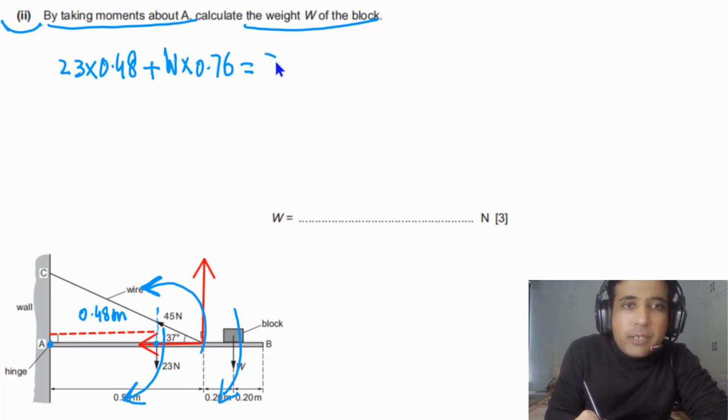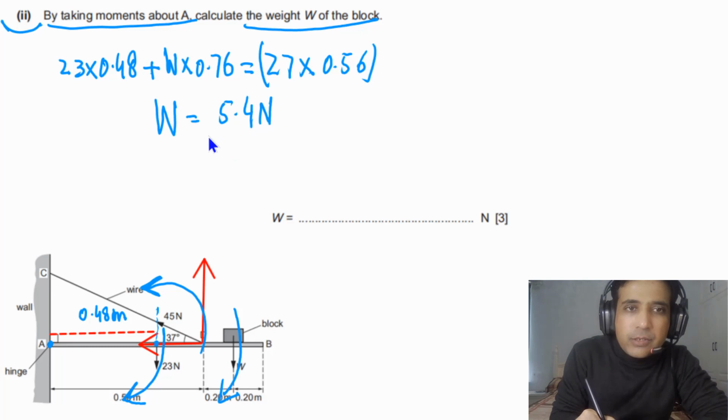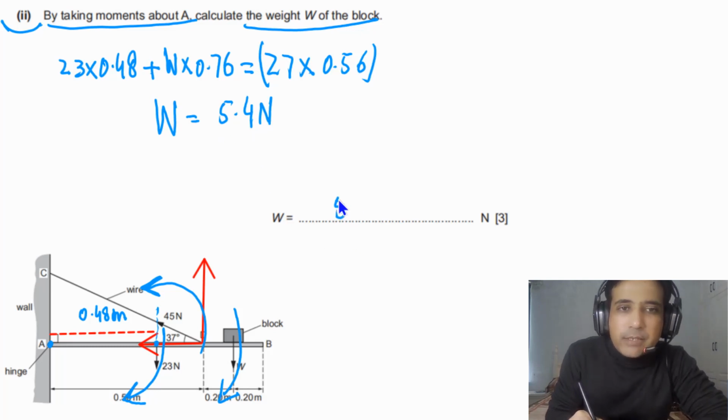The vertical component we have calculated, that was 27, times this distance, that is 0.56. Now simply we need to solve for W, and our answer in this case will be equal to 5.4 newtons up to 2 SF. So our answer is 5.4 newton. So this is how you can figure it out.